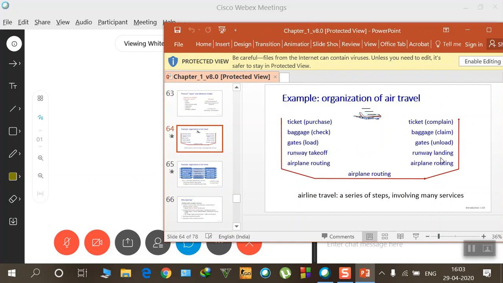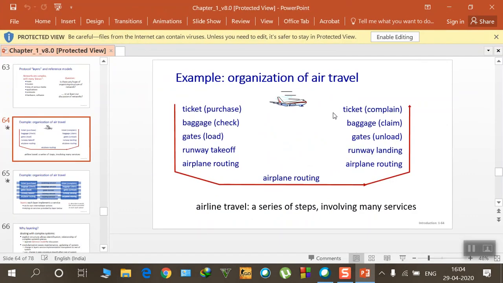The airplane did routing, reached Srinagar, landed there on the runway. You went down from the plane, took your baggage, and went to your destination. So, saying that I came from Delhi to Srinagar is not that simple. There were a lot of phases that you went across.